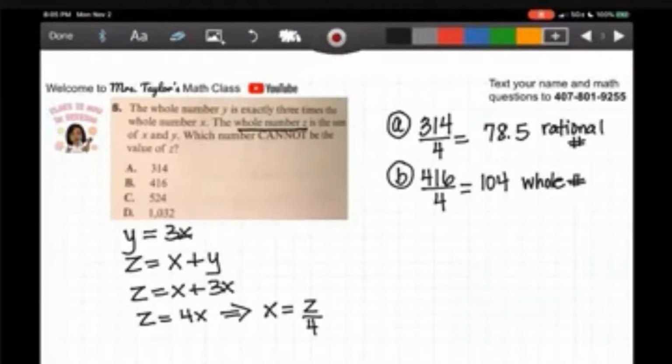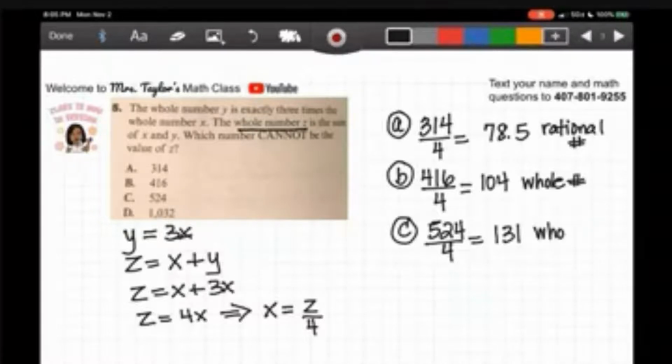Let's look at answer choice C. For answer choice C, we get 524. Now, when I divide that by 4, I get 131. And 131 is a whole number. So Z can equal 524 because when I divide it by 4, I get another whole number.